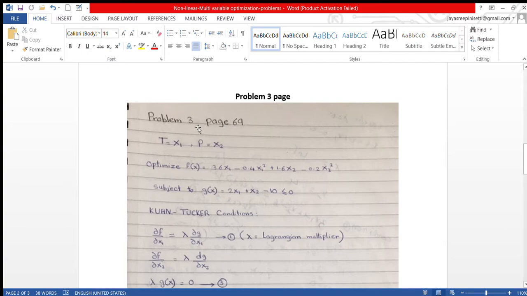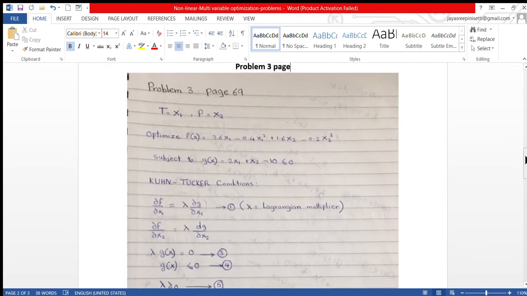Problem 3, page number 69. There you can see the problem.